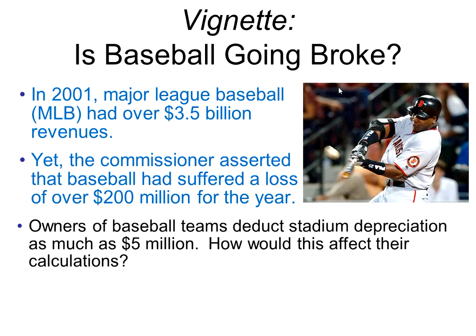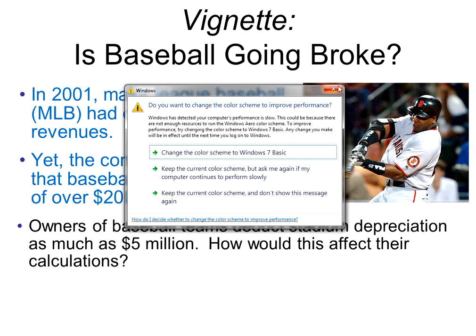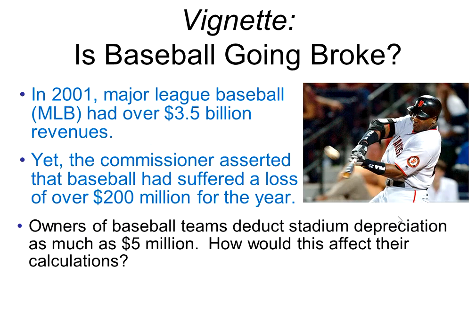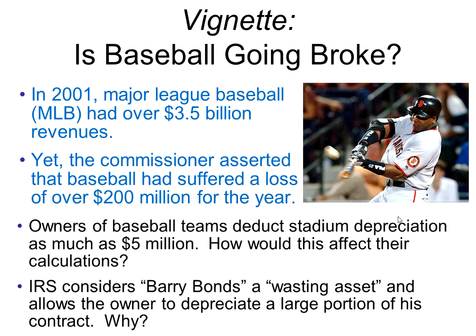Well, owners of baseball teams deduct stadium depreciation as much as $5 million. How would this affect their calculations? IRS considers bearer bonds a wasting asset and allows the owner to depreciate a large portion of his contract. Why?